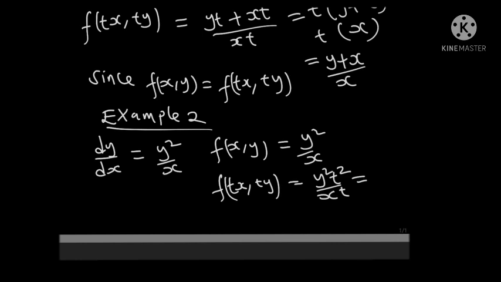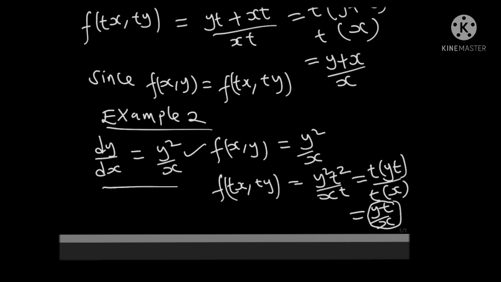Now we can factor out t. So we have t into yt over t into x. So we get yt over x. This is not the same as this. Therefore, this equation is not homogeneous and thus cannot be reduced to separable form.